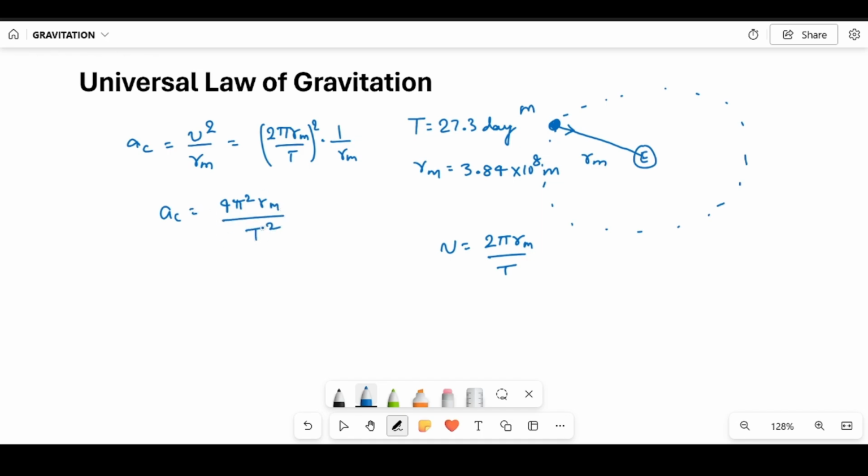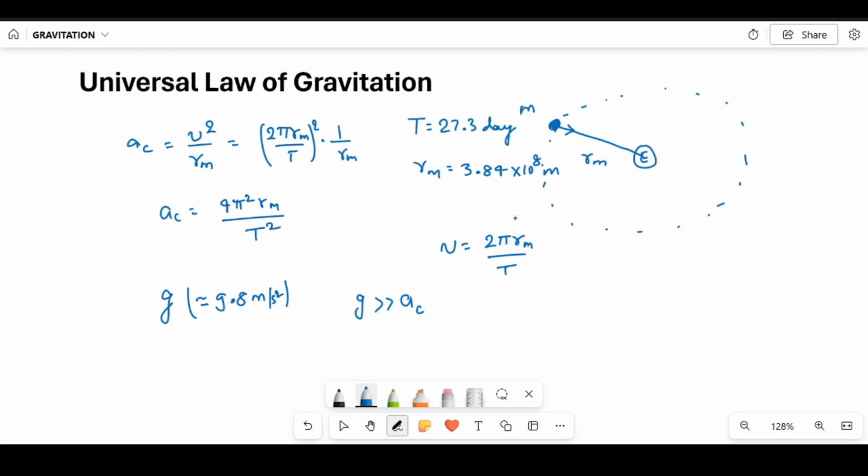And he solved it, and then he compared it with the acceleration due to gravity near the Earth's surface, which is nearly 9.8 meter per second squared. And he found out that this g is much larger than this centripetal acceleration.